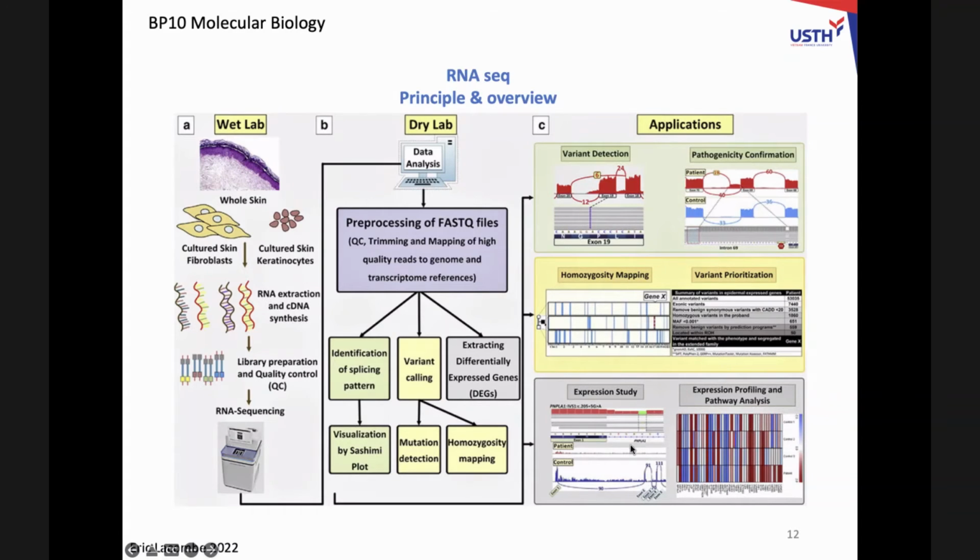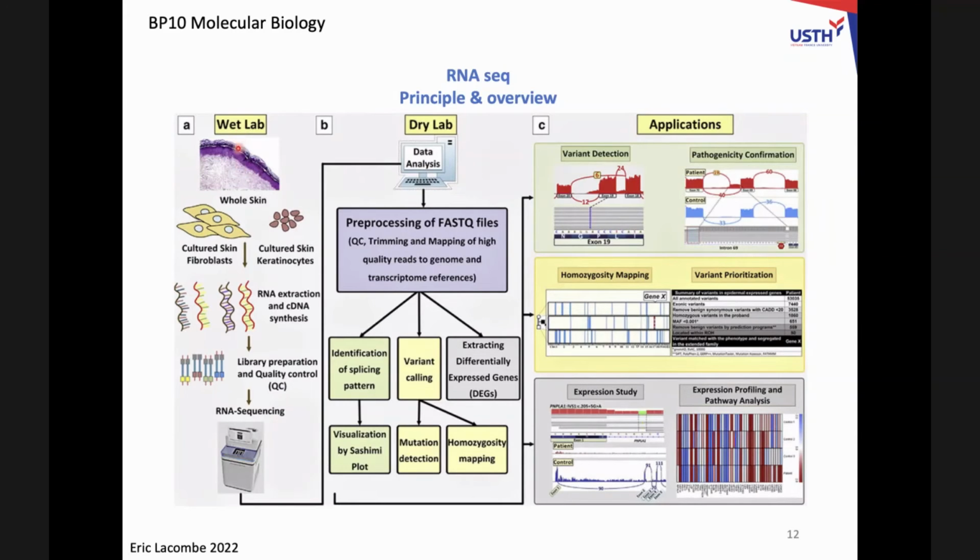We are not going to talk about all the applications explained on the right of the slide. I want to look at the A and B panels. First of all, you have to see that one part is done in the wet lab and the other in the dry lab, bioinformatics. And this is why it's very complicated.